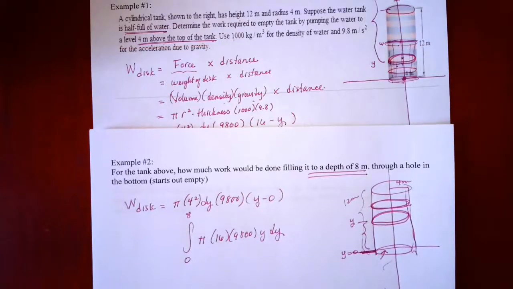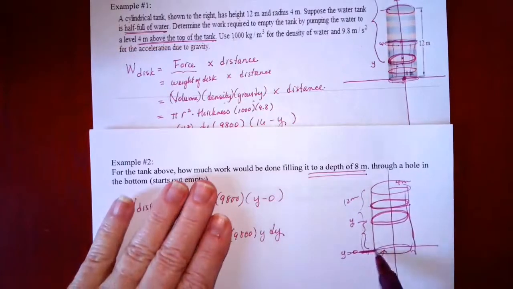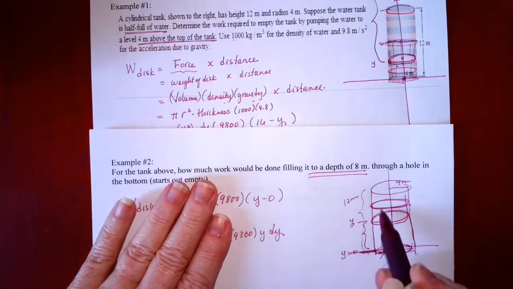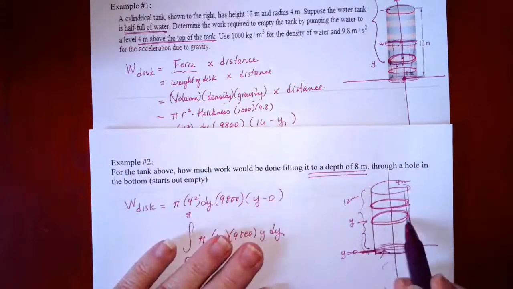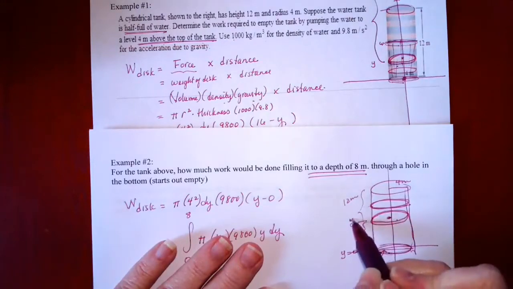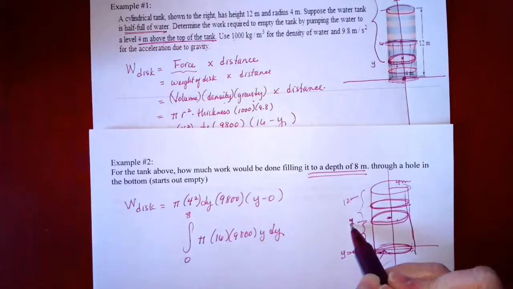Of course you can. Okay, when we start filling our tank, we don't start talking about the work until the water gets to the bottom of the tank, which is at y equals 0, right? And each little disc has to go up the tank a bit to its final destination. I said this one was stopping here. I don't know what that depth is, but I know it's just y meters above the bottom of the tank.